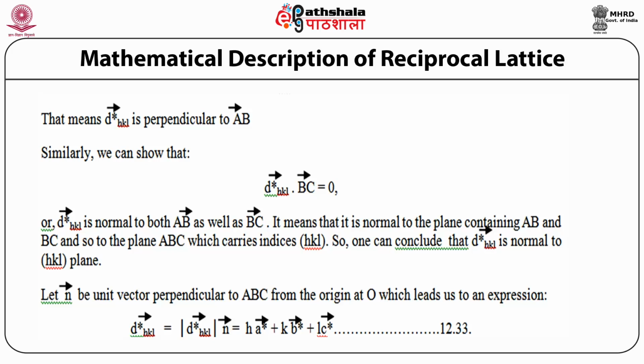So one can conclude that d* HKL vector is normal to the HKL plane. Let n vector be the unit vector perpendicular to ABC from the origin O, which leads to an expression d* HKL equal to modulus d* HKL times n vector, equal to h a* plus k b* plus l c*, which is equation number 12.33.